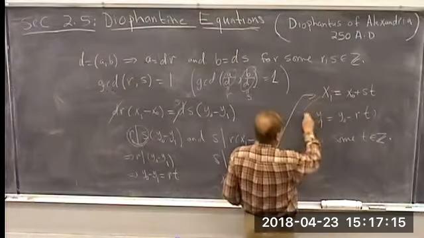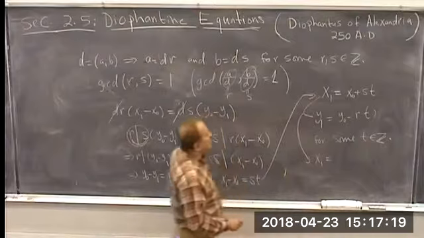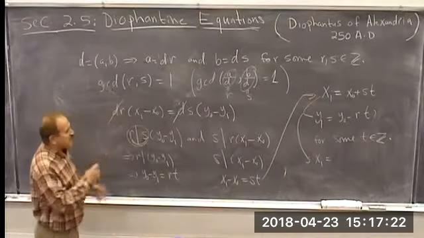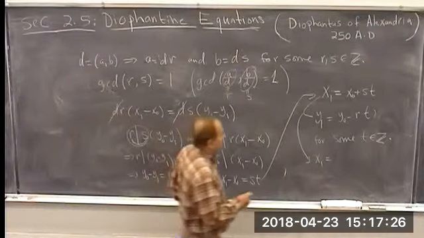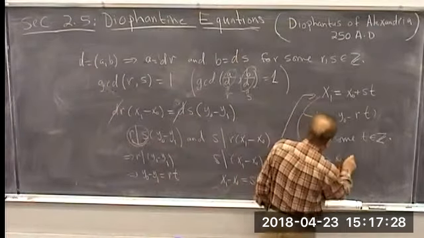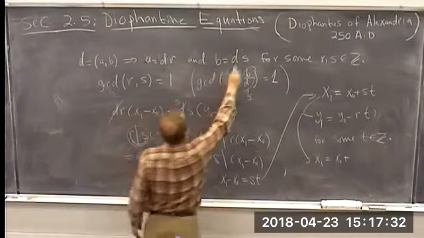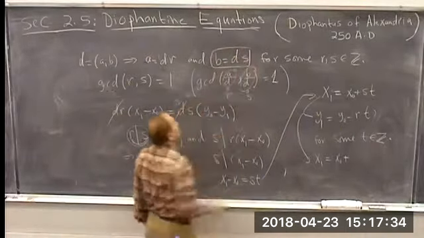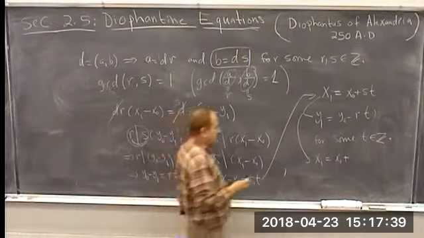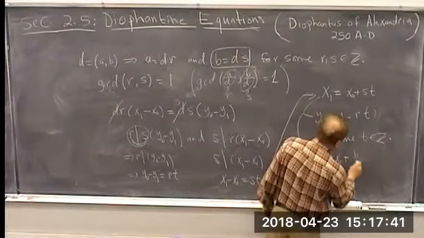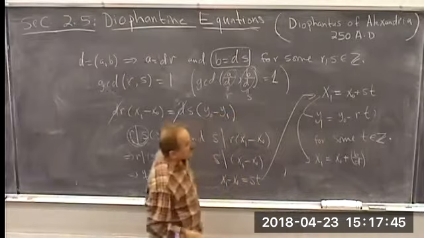Also, we can write these in terms of the original variables, which is a, b, c, and d. So this becomes x sub 0. Remember the s, where is the s? Here is the s. So we can express that as b over d. Now remember that this is an integer because d is the greatest common divisor.